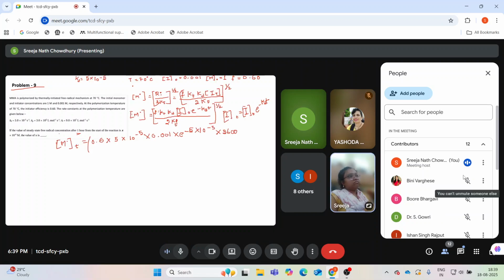Time is equal to 1 hour, and we should keep it in seconds.